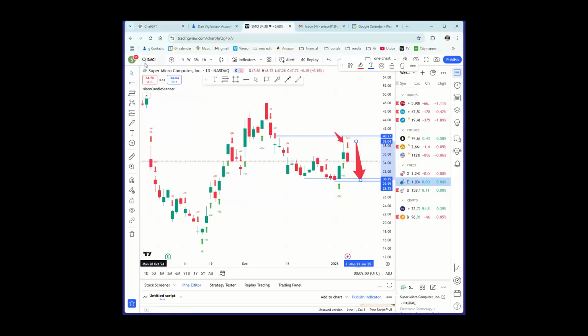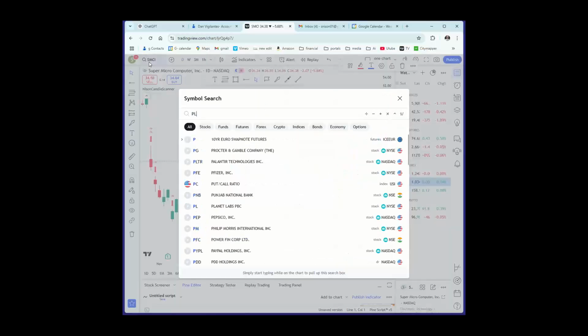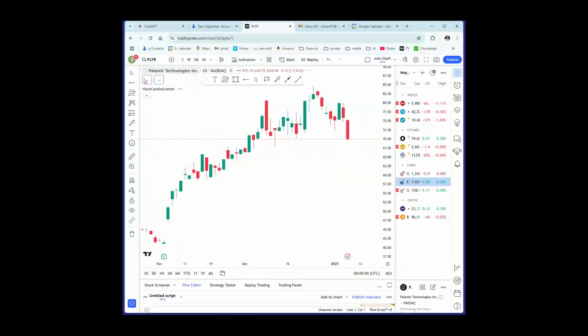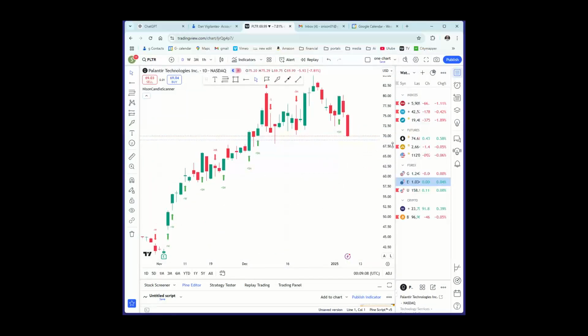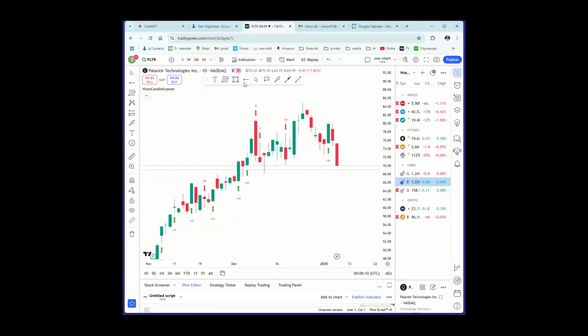Okay, what we'll look at next is Field here. The trend is down. And I'm going to be looking at the low over here. Not enough of a downtrend for this to be a hammer. It has to be more of a downtrend.